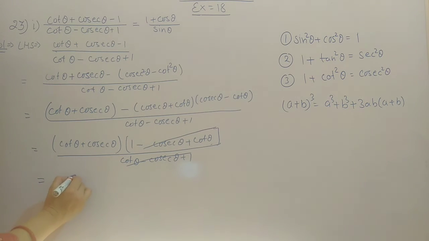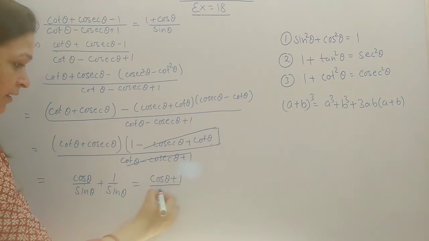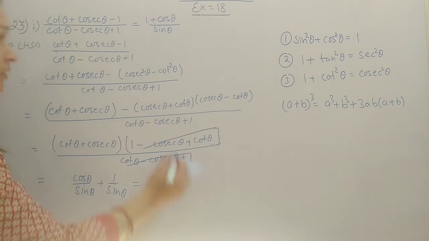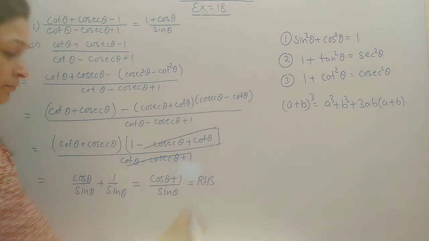Cot theta we can write as cos theta by sin theta, and cosec theta we can write as 1 by sin theta, or same thing we can write as cos theta plus 1 by sin theta, which is equal to our right side. Hence proved.